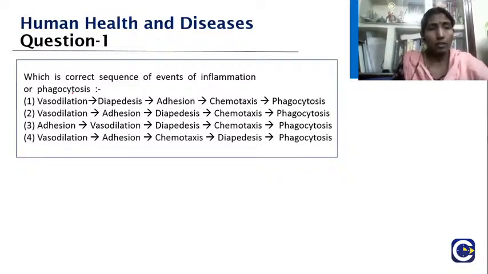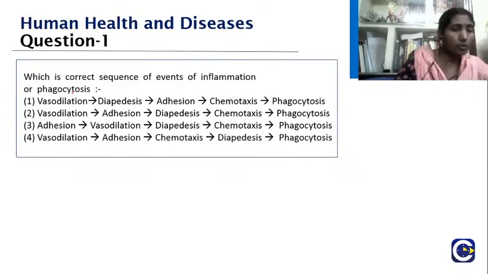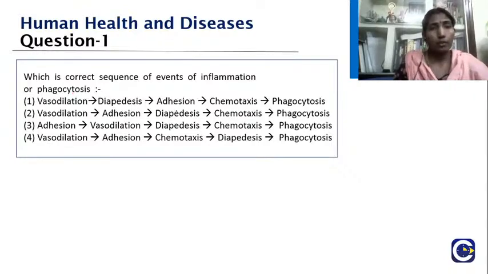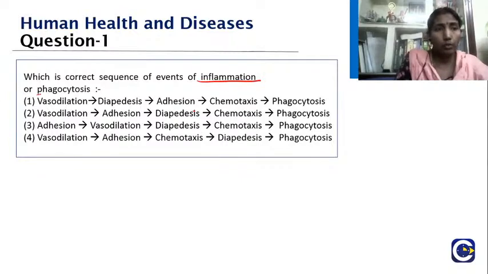Okay, so that is the first question that we are going to see. So what is the correct sequence of the events of inflammation or phagocytosis?